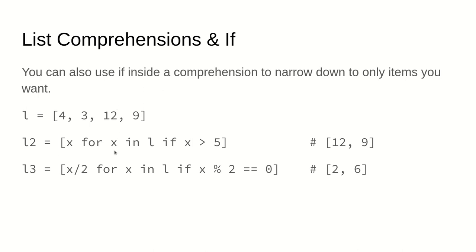Then x becomes 9. And I find out that 9 is not divisible by 2. It's not an even number. And so I don't do anything with it. And I am now done with the list. There is no remaining data. And so all I ended up with was 2 and 6 in my result.